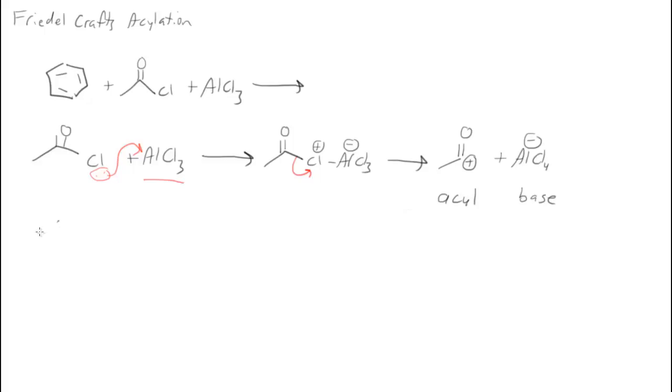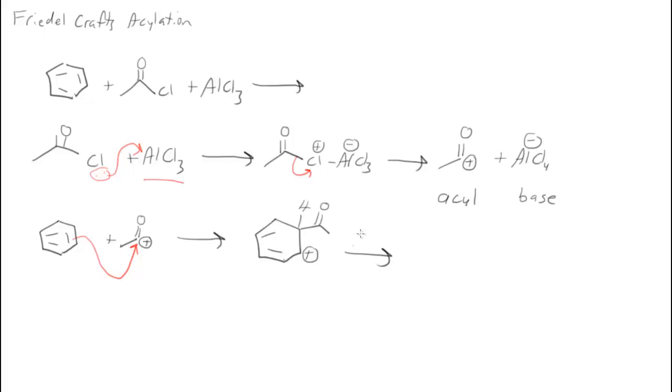So again, we'll go back to the benzene and react that with our acyl group. Form our intermediate, which then again will react with our base, and is deprotonated to reform aromaticity.